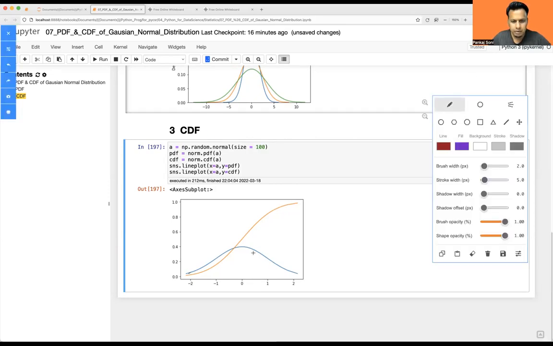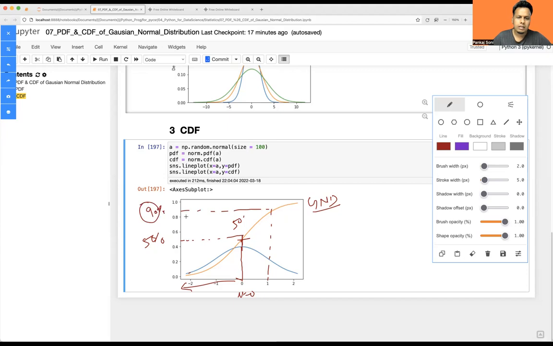This is your PDF, exactly at mu equal to 0, and exactly 50% of the data is coming here. If you talk about Gaussian normal distribution, mu equal to 0, exactly 50% of data falls below 0. And this particular value, which is 1, is falling at exactly 90%. That is the beauty of CDF. It tells exactly 90% probability of getting a value between -2 and 1.